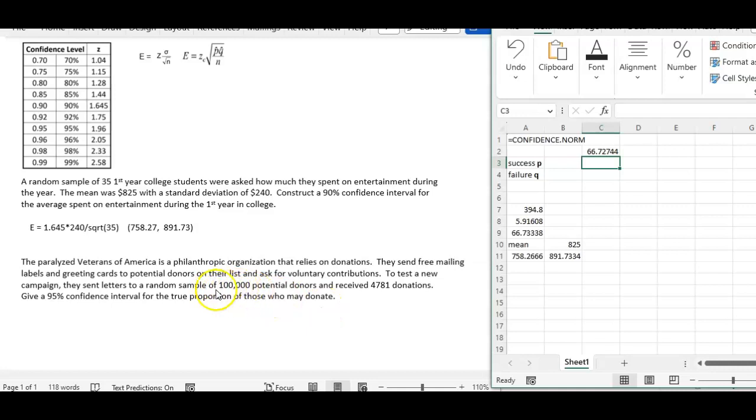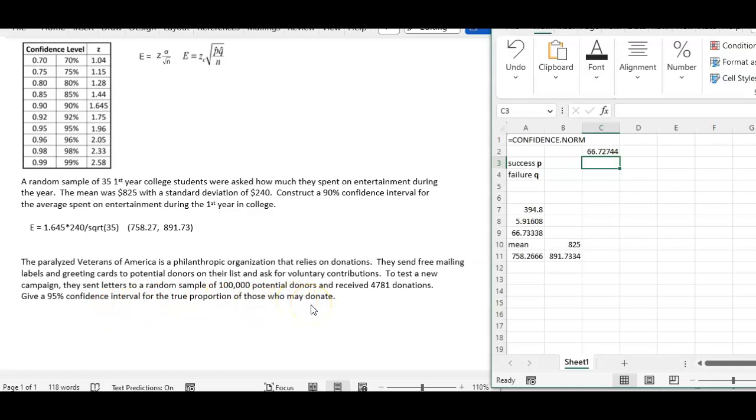There's my n, my sample size. They sent letters to 100,000 potential donors and received 4,781 donations. So out of that 100,000, they got a positive response from 4,781, giving a 95% confidence interval for the true proportion of those who may donate.